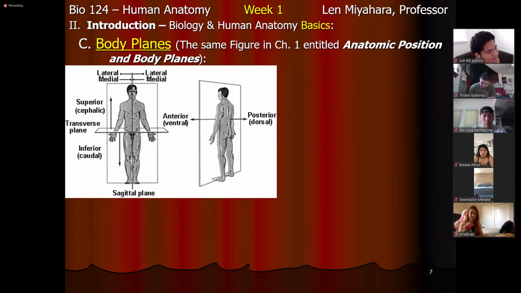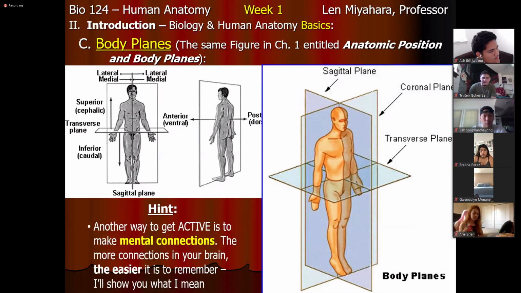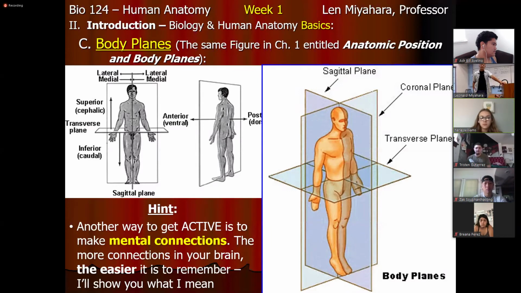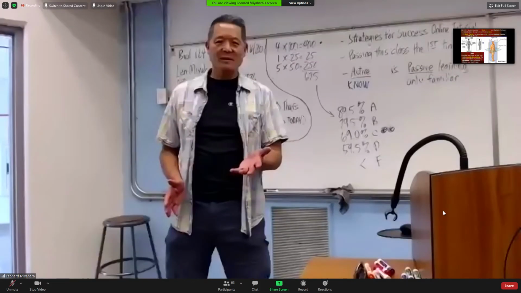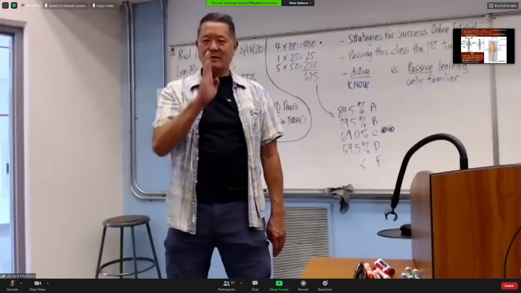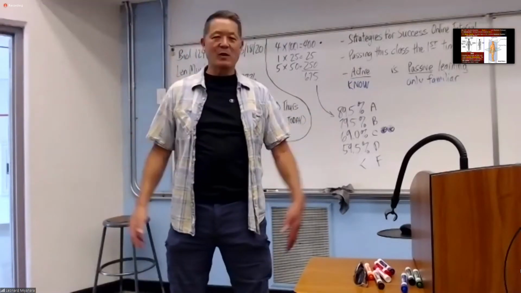Okay, body planes. Because our bodies are 3-dimensional, we have 3 body planes. Now, what I would do in learning body planes is I would tie it in mental connections to what we just learned on directional planes. Can you see me on the little screen, on the top right? Sagittal plane divides the body in right and left portions.